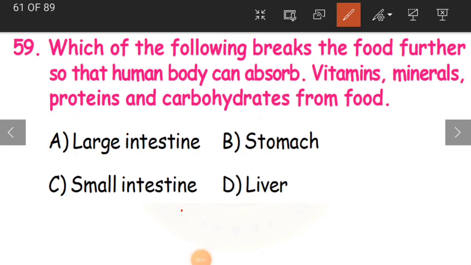59th question children. Which of the following breaks the food further so that the human body can absorb vitamins, minerals, proteins, and carbohydrates from food?